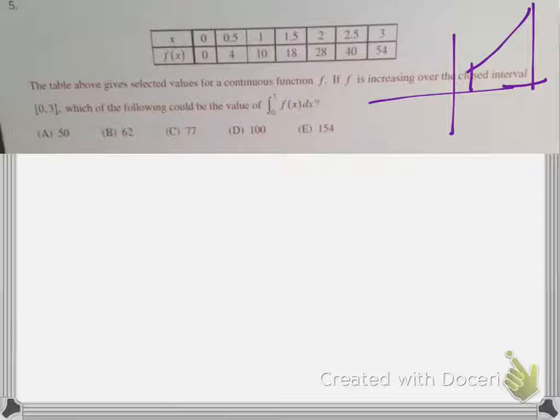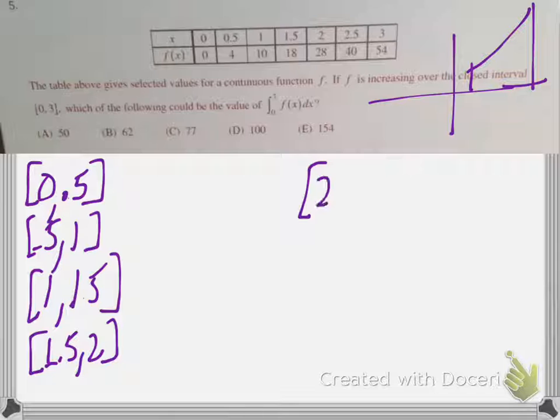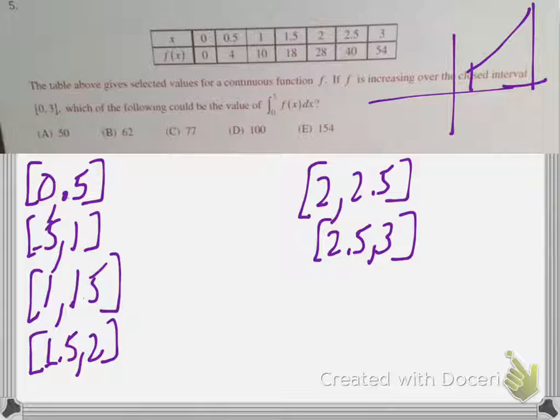So let's start by doing it from the left first. So the first one is going to go from 0 to 0.5. The next one will go from 0.5 to 1, etc. Okay, so for each of these, the width is all 1/2.